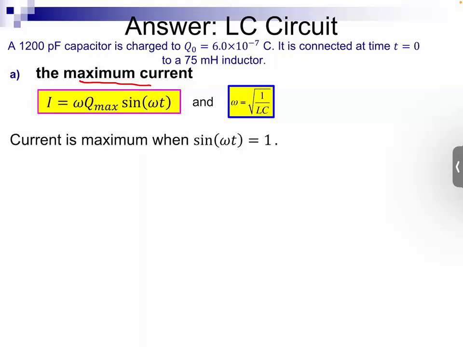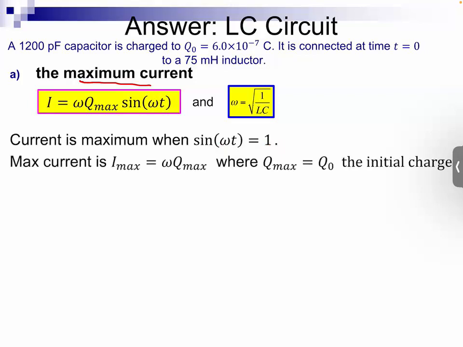It's a sort of circular function that oscillates between -1 and 1. So at maximum current, sine omega t will be equal to 1. So essentially, we are just wanting to find that the current is equal to omega times the maximum charge, right?